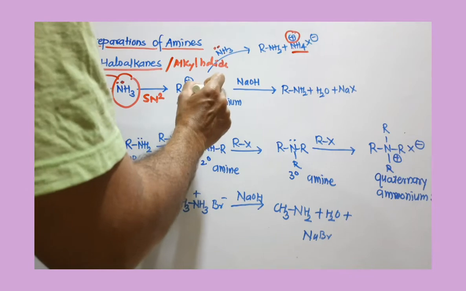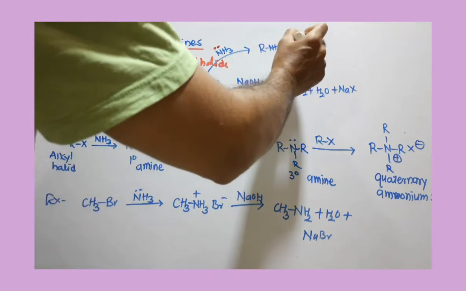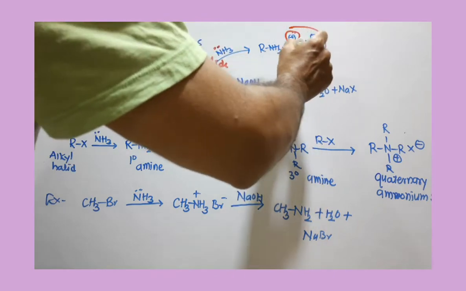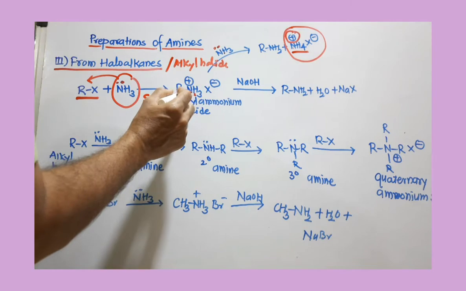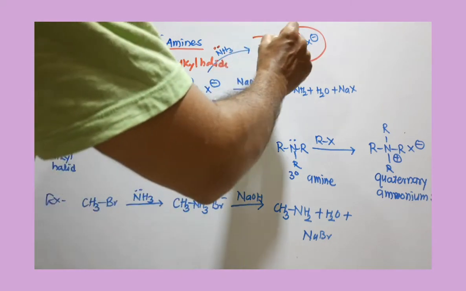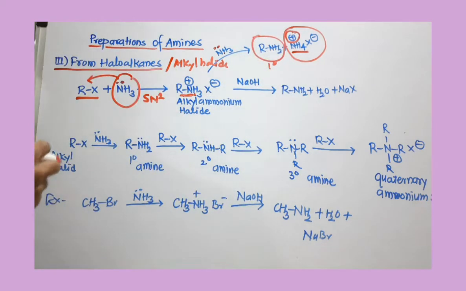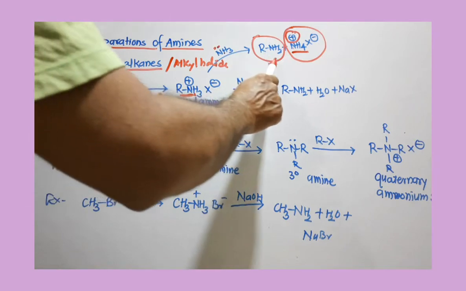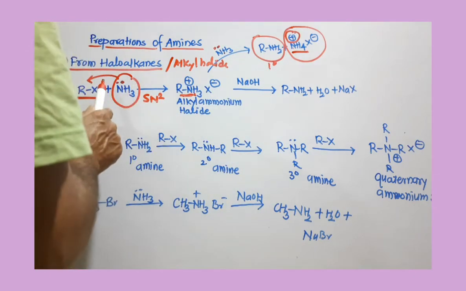Now X changes its position from this compound to this ammonium, and we get another ammonium salt. Since one hydrogen is removed from the first salt, it is converted to the primary amine.